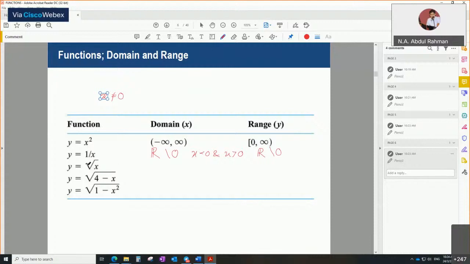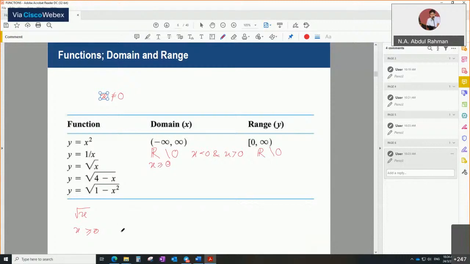The second one here, we have y equal to square root of x. You know the concept of square root, right? When you have a square root, the argument of the square root cannot be less than 0. So x is greater than or equal to 0. It can be 0, but it cannot be less than 0.